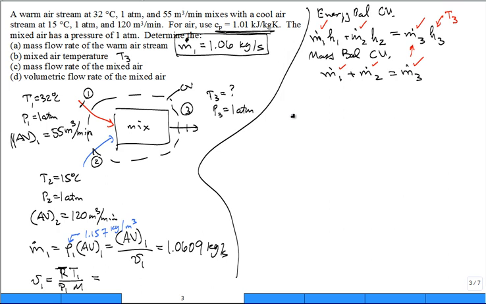To try and get it as far analytically as possible, you can write it this way. m dot 3 is definitely m dot 1 plus m dot 2. So what I'll do is substitute in there to get rid of m dot 3. And so then I'll write that m dot 1 times (h1 minus h3) is equal to m dot 2 times (h3 minus h2). Yeah, that's right.